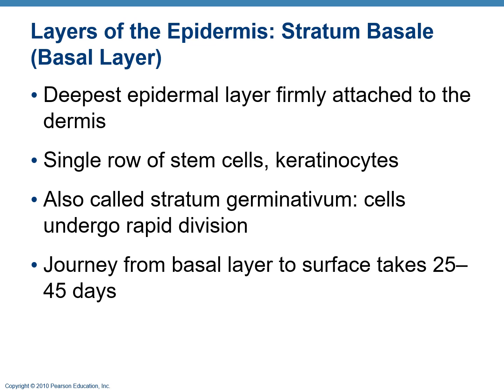Okay, so with layers of the epidermis, we have the stratum basale, which is the basal layer. So this is the deepest layer of epidermis, which is right up against the dermis. So it's going to be firmly attached to the dermis. It consists of a single row of stem cells and keratinocytes.